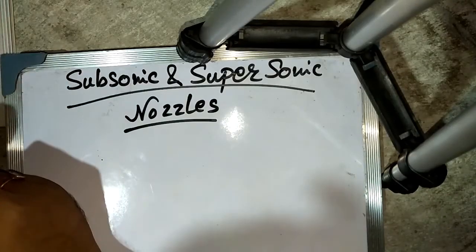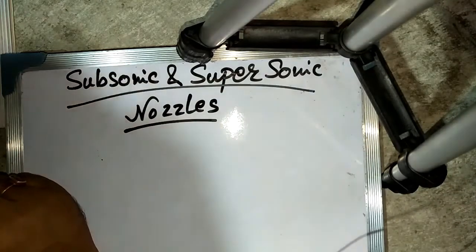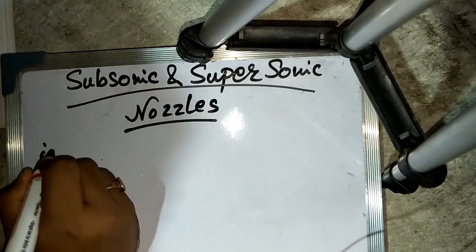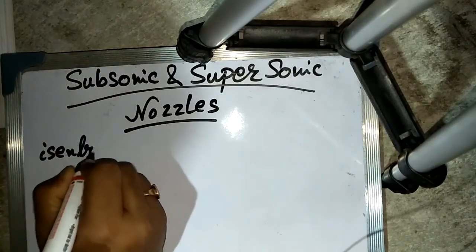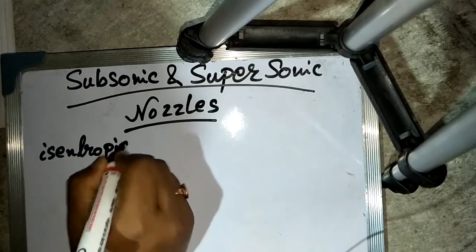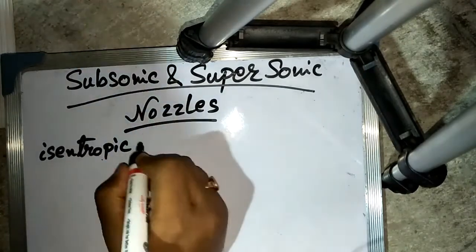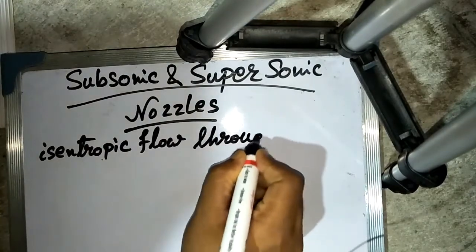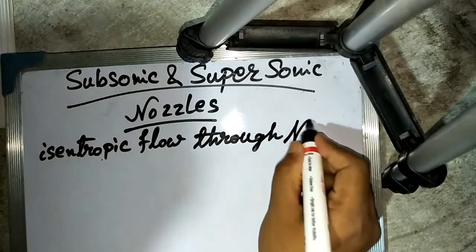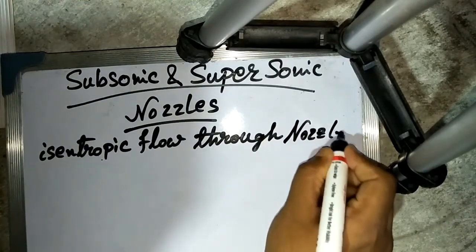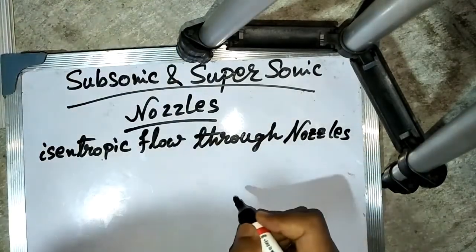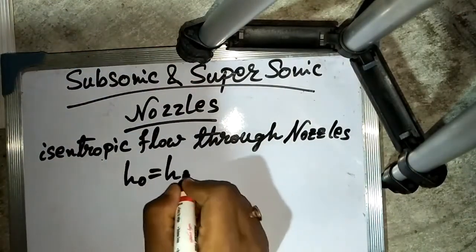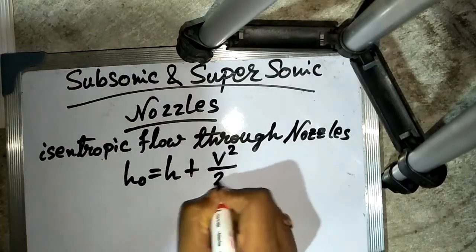Now the subsonic and supersonic nozzles. For isentropic flow through nozzles, we can write H0 equals H plus V square by 2.